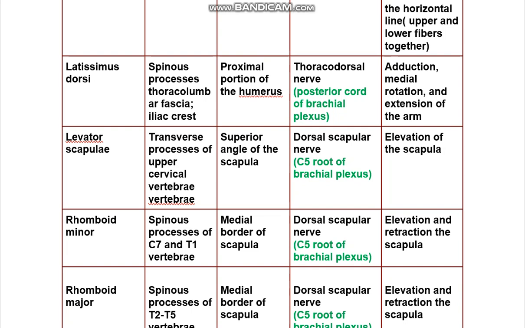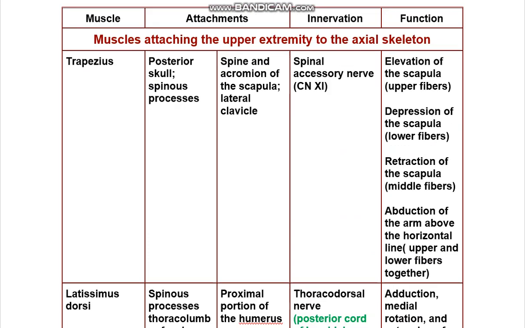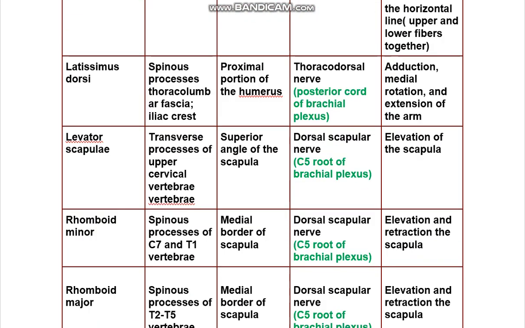Okay, so then another of these axial muscles that attach the upper extremity to the axial skeleton is the levator scapulae, and the levator scapulae will be attached to the transverse processes of the upper cervical vertebra, and also to the superior angle of the scapula.